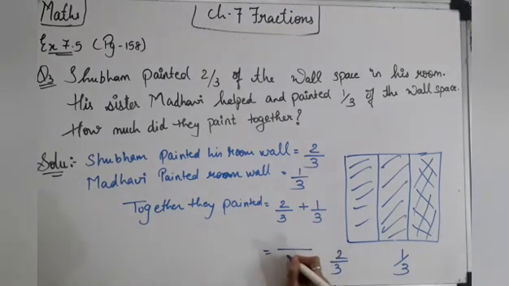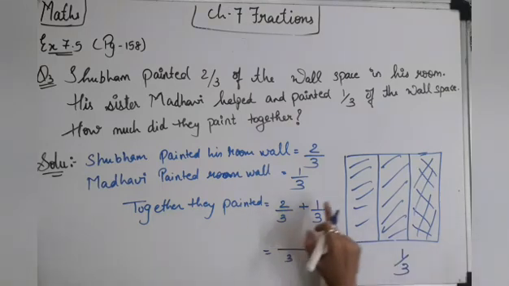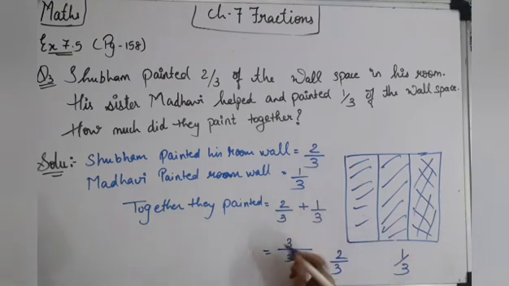So we'll write the 3 and 2 plus 1. 2 plus 1 means what? 3. So 3 upon 3. And you know, when the numerator and denominator are the same, we write it as 1, because 3 ones are, 3 ones are, so 1. So 1 is our answer.